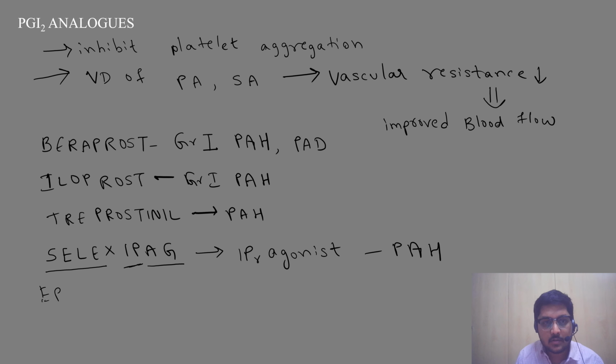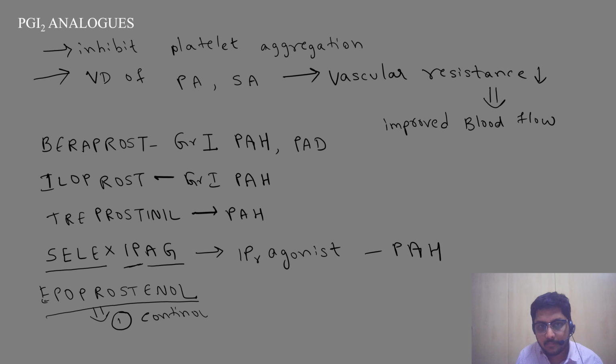And one more most important drug is epoprostenol. There are a total of 2 points which we should remember about epoprostenol. Point number 1. It is used as a continuous IV infusion in pulmonary artery hypertension patients during long-term therapy.